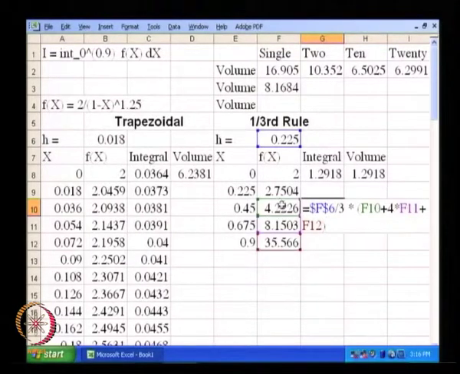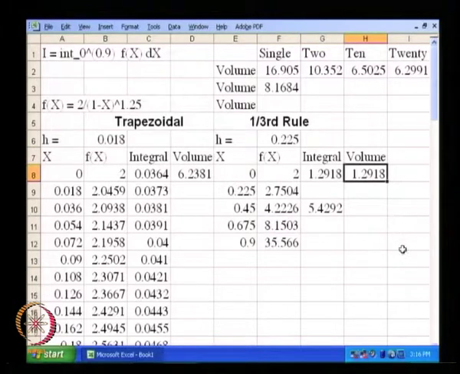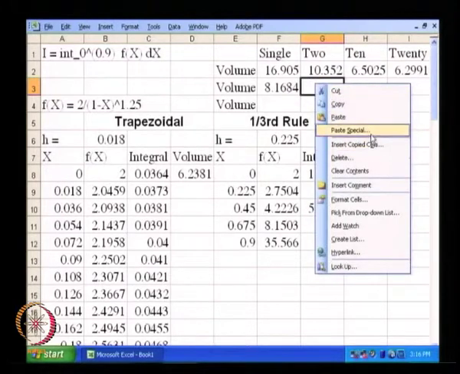So, what we need to do is y1 plus 4y2 plus y3 multiplied by h by 3, and the volume to be computed is going to be this entire sum over here. So, two applications of Simpson's 1/3 rule give us a volume of 6.71.